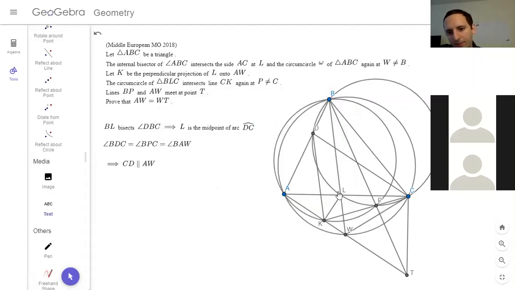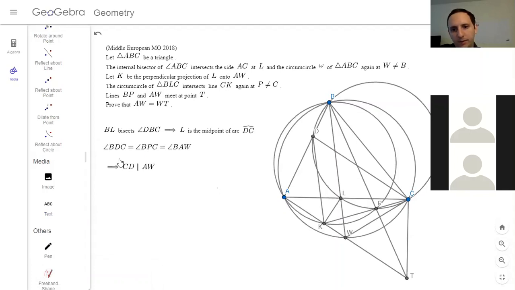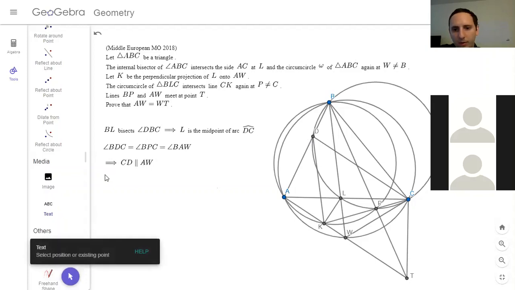And so LK is perpendicular to AW. That means that KL bisects angle DKC.